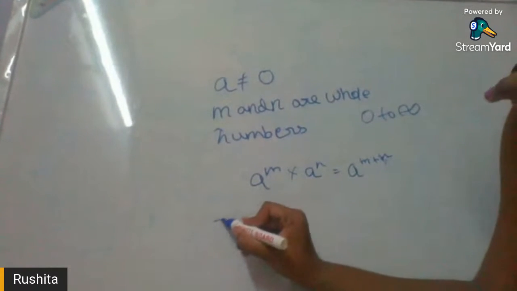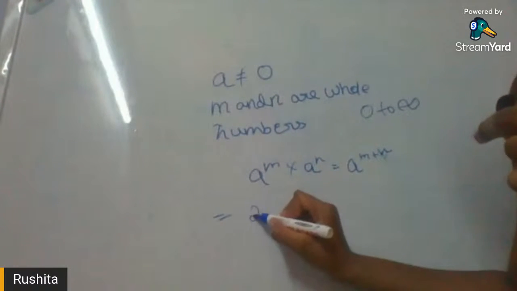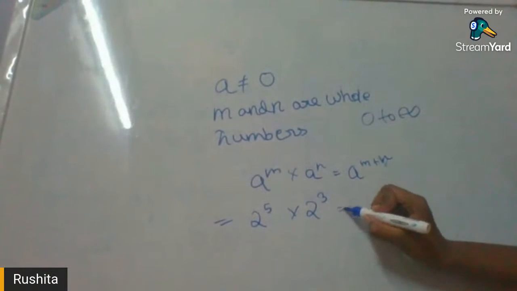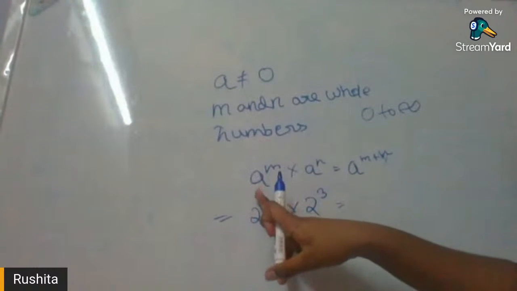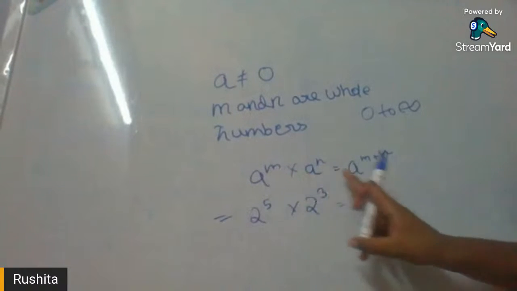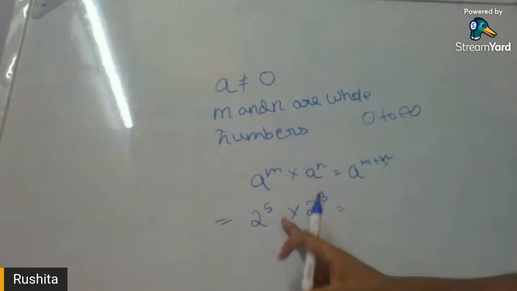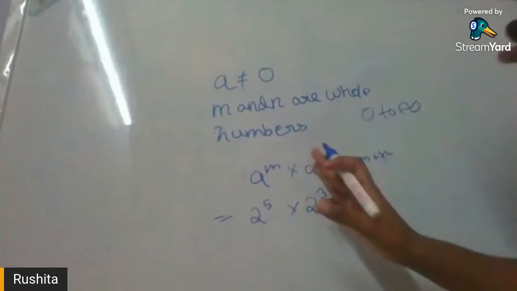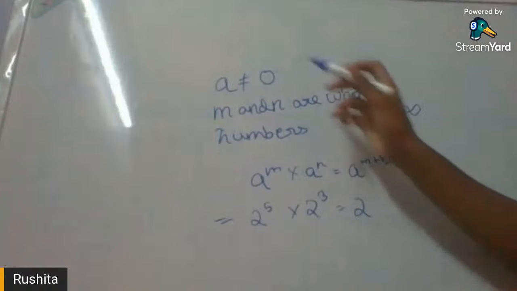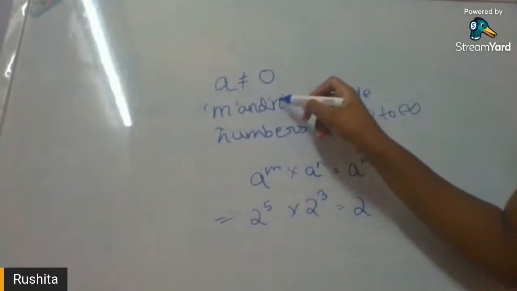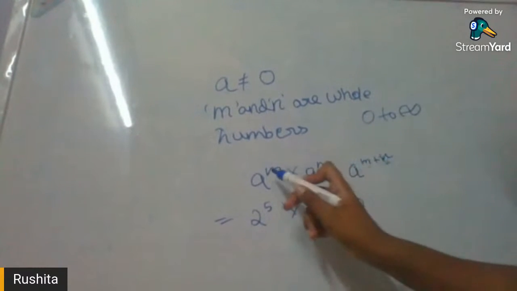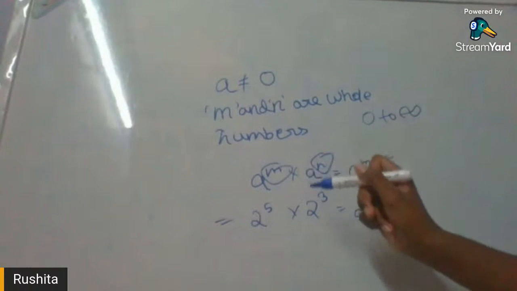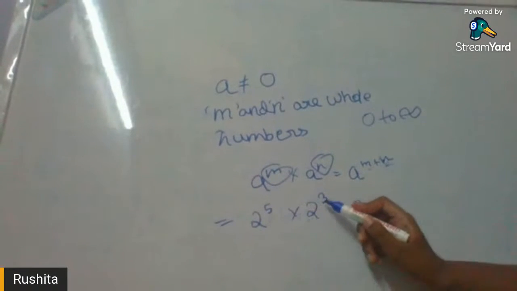Now let's take the same example, 2 to the power of 5 into 2 to the power of 3, which is equal to, now what have they done over here? The non-zero number is written the same, they are not multiplying them, so this 2 should be written over here. Now m and n are exponents, so in the place of m and n they have put 5 and 3.